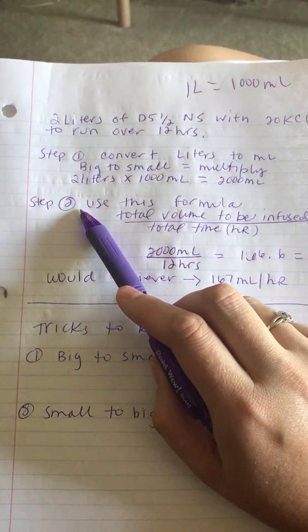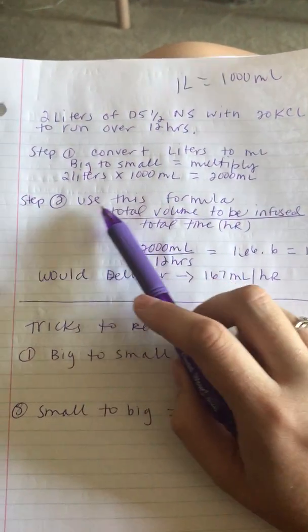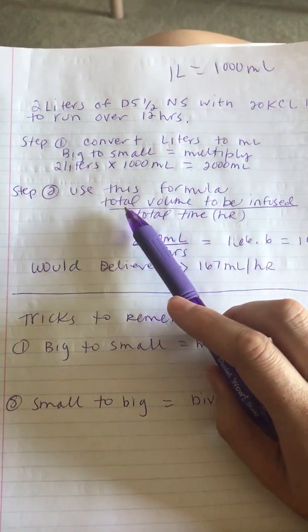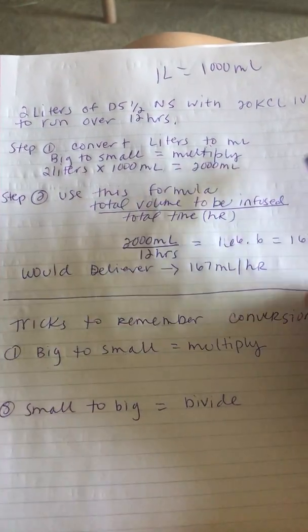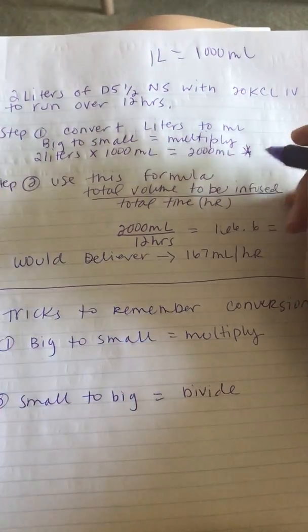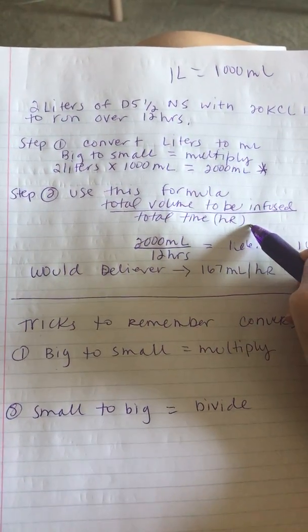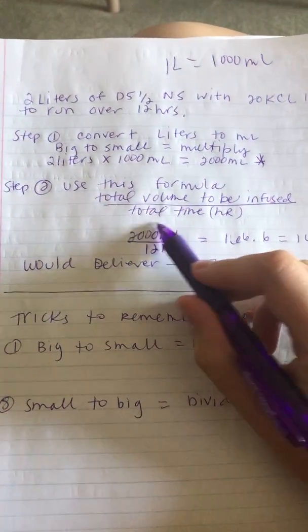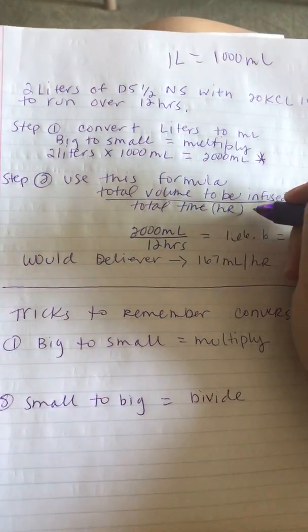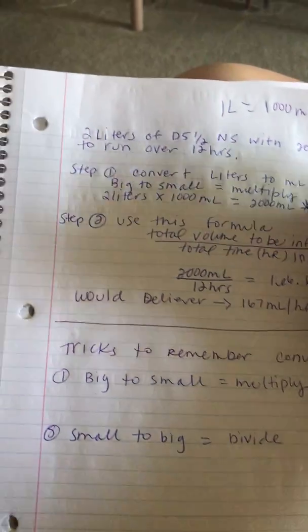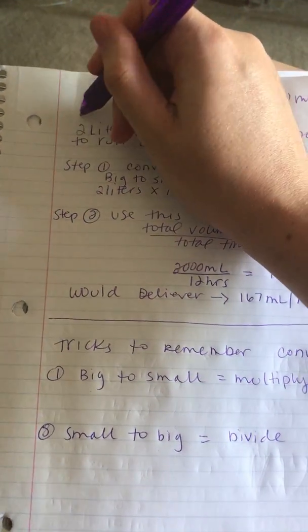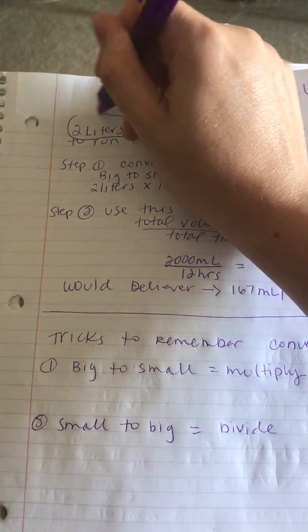The next step I'm going to go to is I'm going to use this formula: total volume to be infused, which is this here, divided by the total hours to be infused. So we've pulled this out, right?